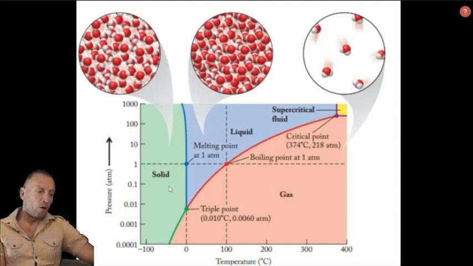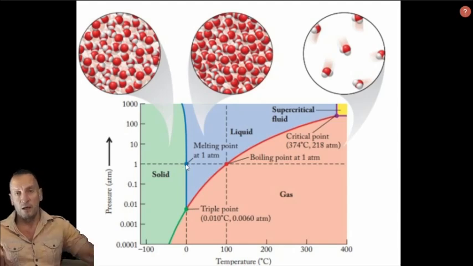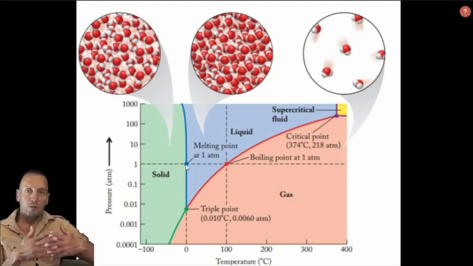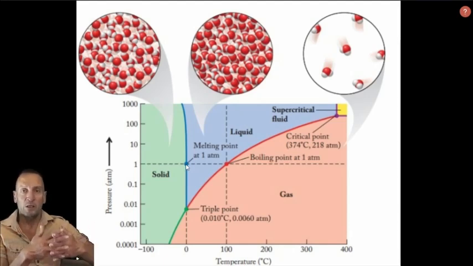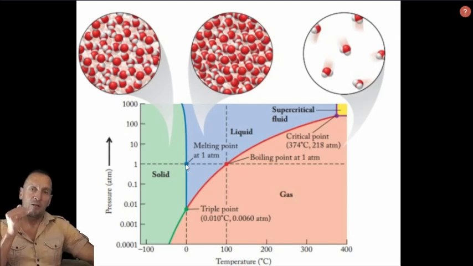Now all of us know that one atmosphere is the pressure of the air at sea level. As we go higher, the atmospheric pressure gets lower.